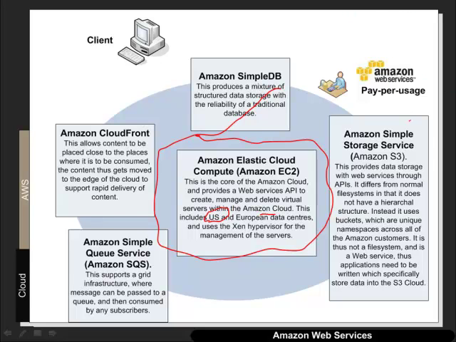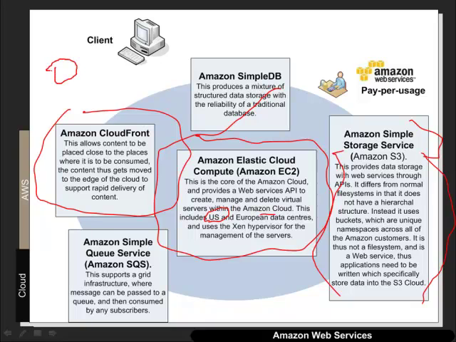We also get the Simple Storage Service, Amazon S3, where we can store files inside the cloud. Along with this we can get Amazon CloudFront, where we can place our content provision or our web services as near to the actual consumer of our content as possible.